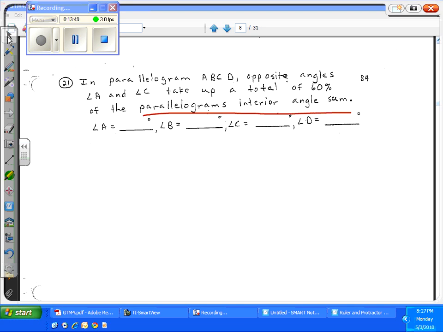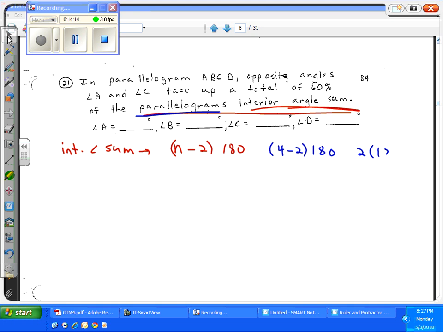Well, what is the interior angle sum of a convex polygon? Well, the interior angle sum formula is the number of sides minus 2 times 180 degrees. If we're talking about a parallelogram, we're talking about 4 sides, so we would have 4 minus 2 times 180 degrees, which would be 2 times 180 degrees.